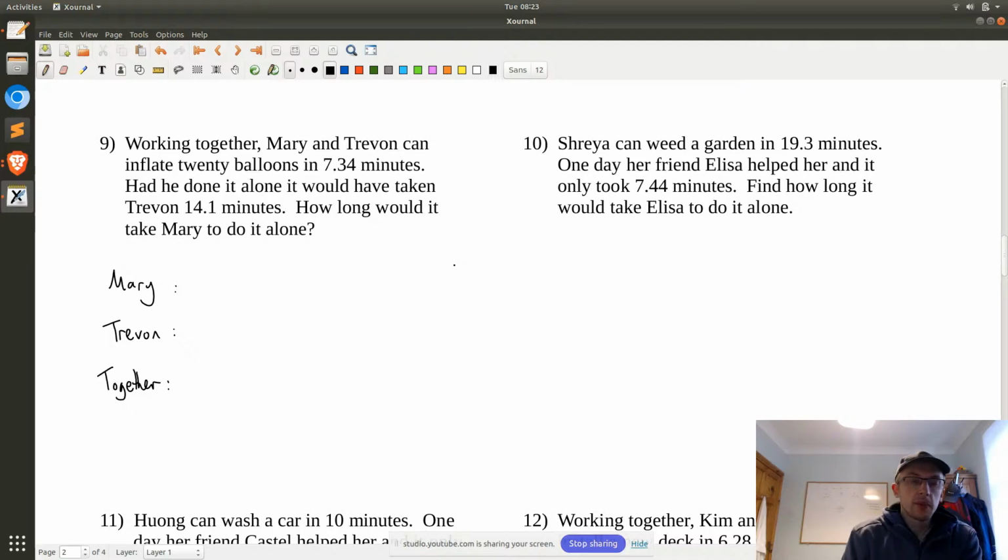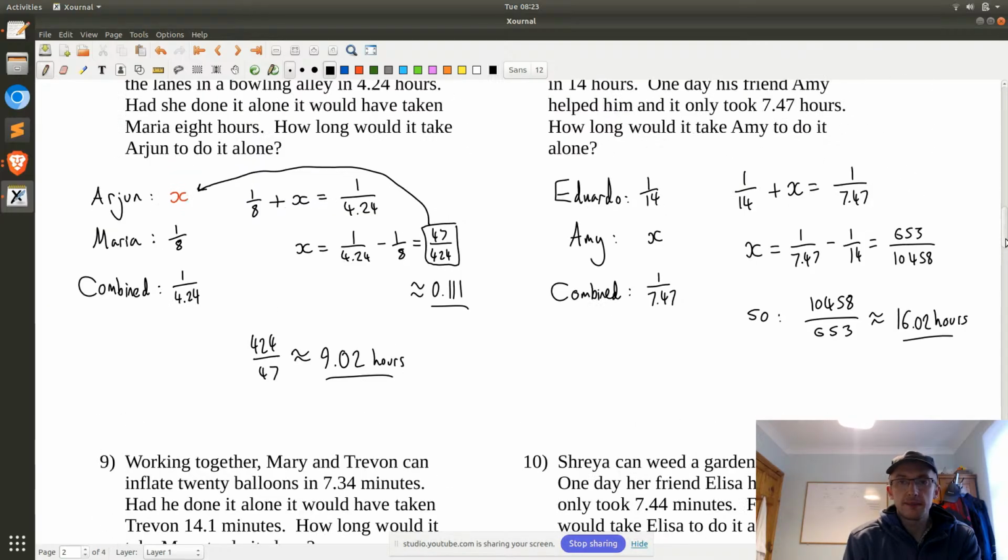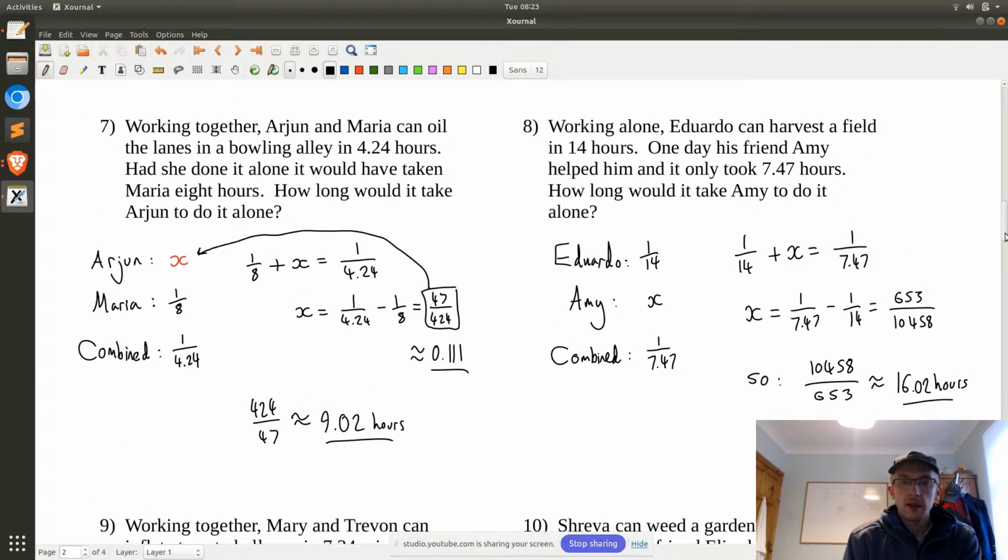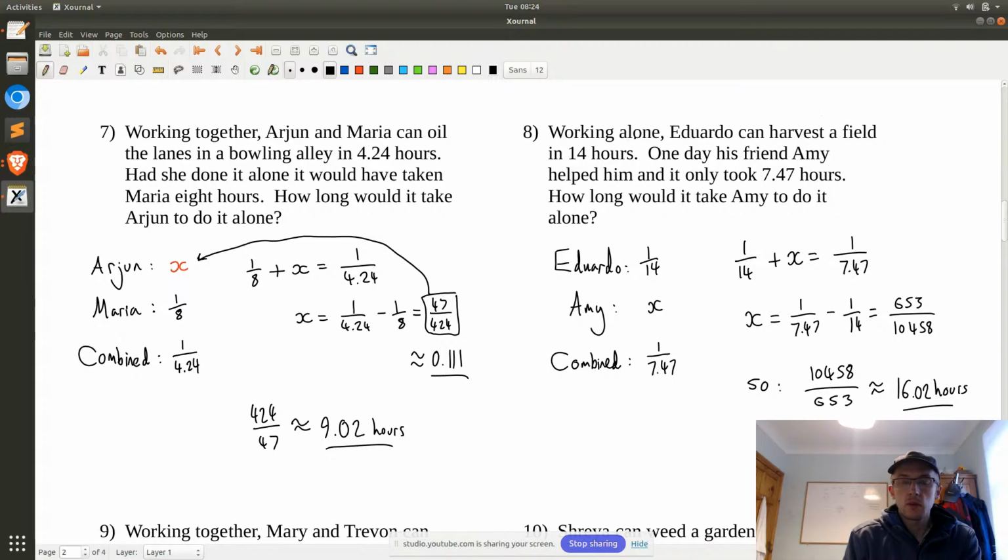Oh, 14.1 minutes. That's the speed of Trevon. Oh, this 20 balloons thing here, this is again like another distraction, like the 40 bushels from earlier. So he does it in 14.1 minutes. And you see up here, for Eduardo, he could harvest a field in 14 hours.